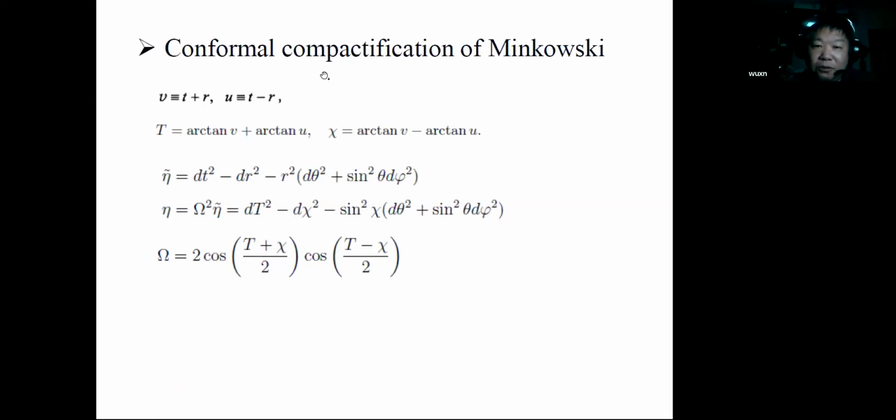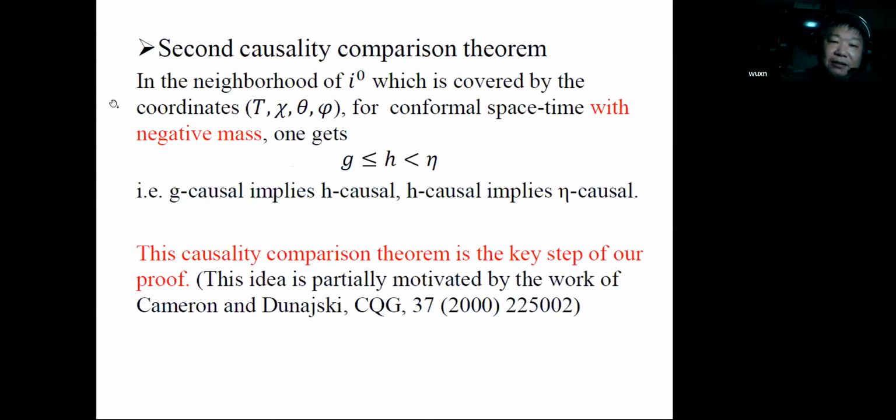Then we go back to consider the conformal compactification of the Minkowski spacetime. We have expressed and introduced this before. That means the Minkowski spacetime, the conformal Minkowski spacetime, and the conformal factor can be expressed in this way. Secondly, we can get the second causality comparison theorem, and I should emphasize that this one is a key point for our proof.